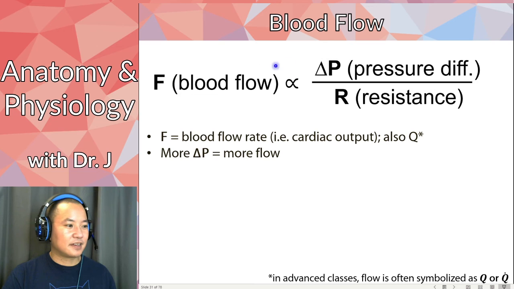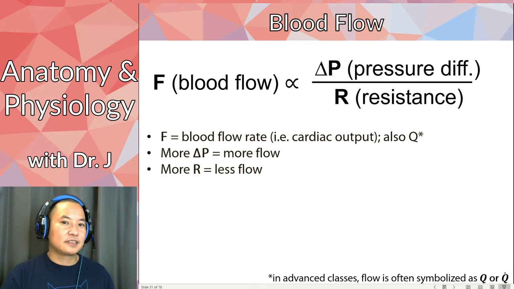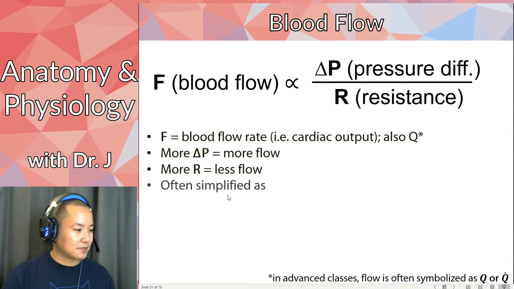So flow and pressure are proportional to each other. But again, remember flow and resistance are inversely proportional. As resistance goes up, flow goes down. If resistance goes down, then flow goes up. So that's an inverse proportion.